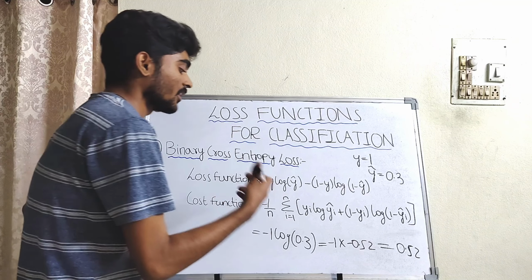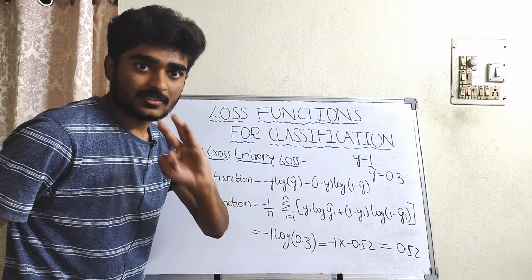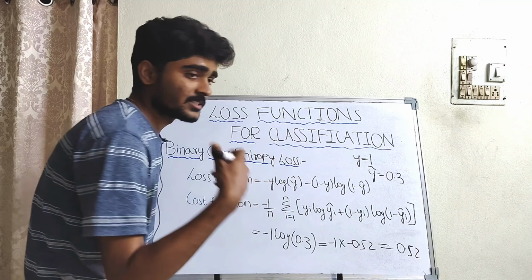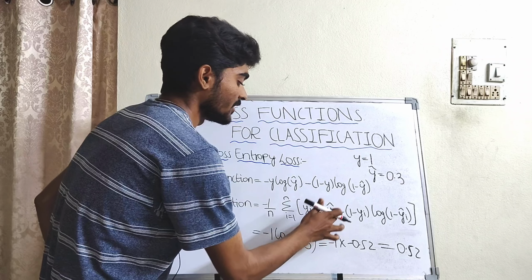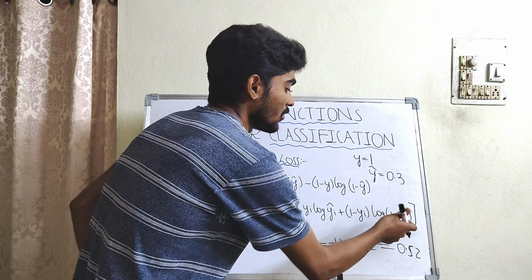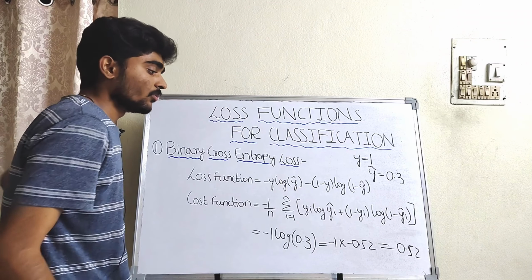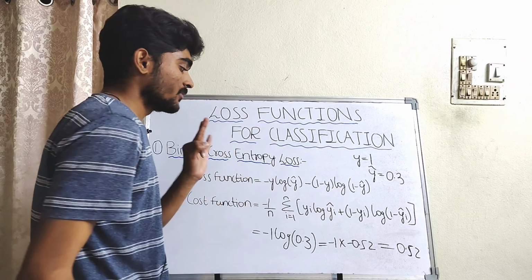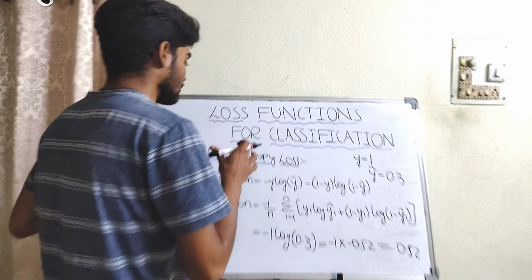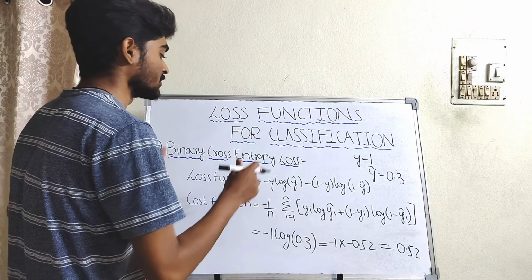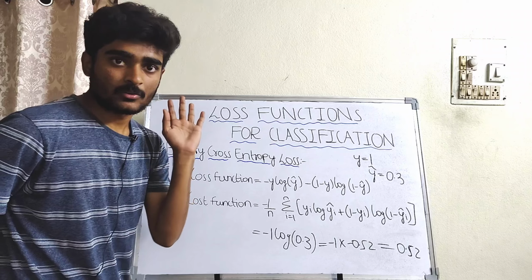As you are considering three samples, the next term would be y3 log y3 hat plus 1 minus y3 log 1 minus y3 hat. Now you add up these three terms for calculating the cost function. This is about the loss function and cost function of binary cross entropy loss.